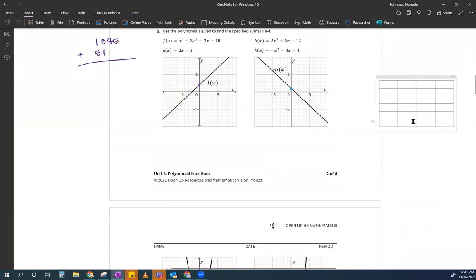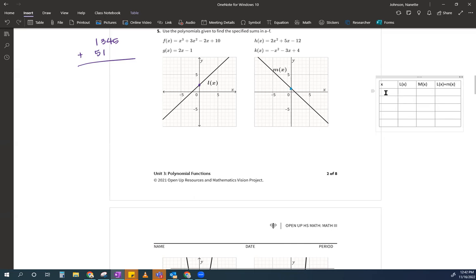In this column I'm going to put X, in this one L of X, and in this one M of X, plus M of X. These are coming out funny because they're capitalizing for some reason. It's a little bigger, so that doesn't look fine.